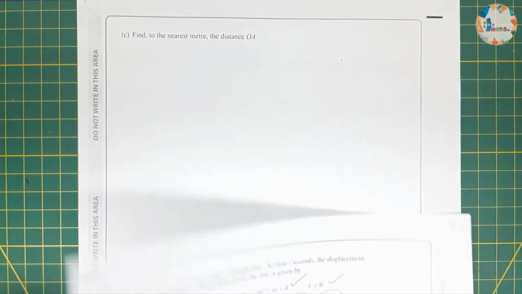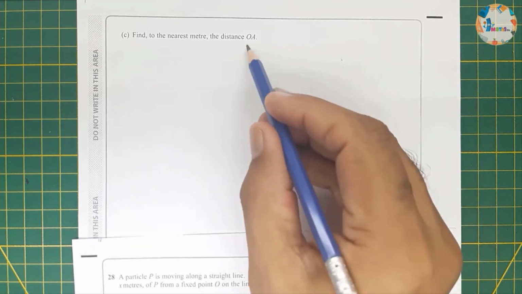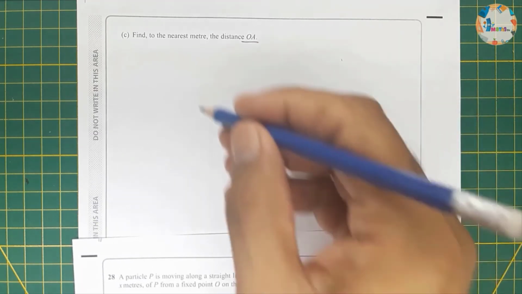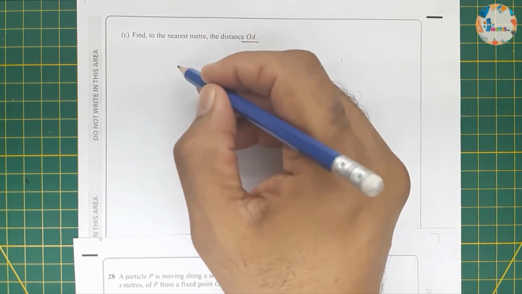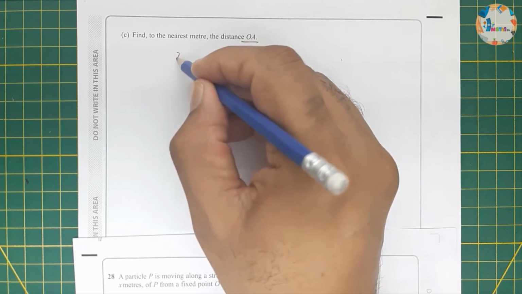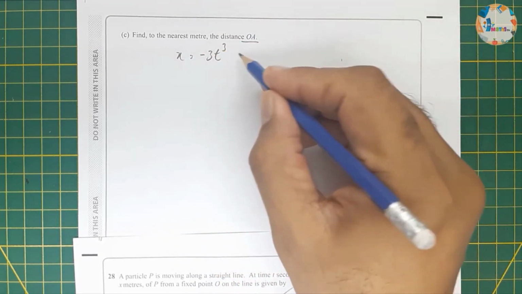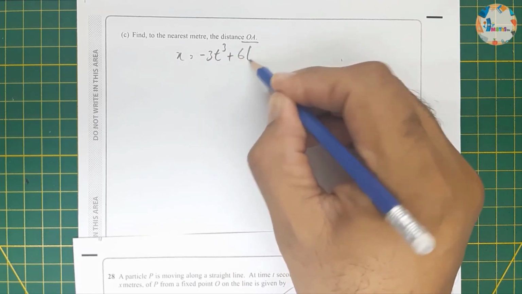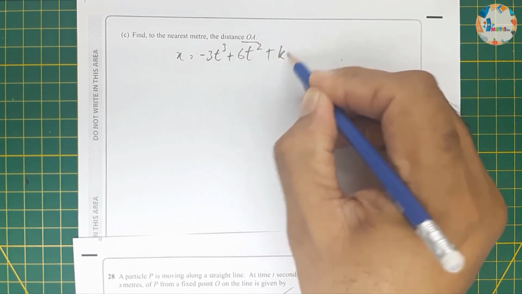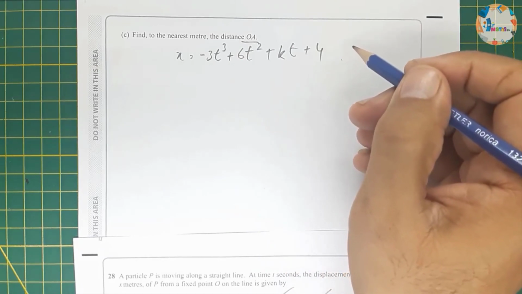Now the C part: find, to the nearest meter, the distance OA. The distance is basically this value, x is equal to minus 3t cubed plus 6t squared plus kt plus 4. This was the question which was provided to us.